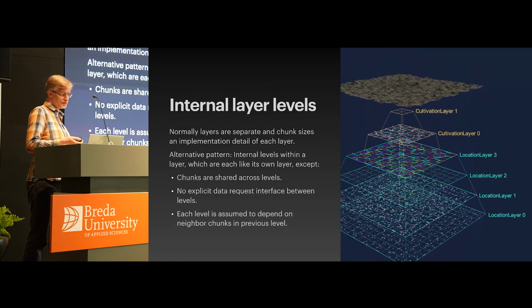Each of those levels is essentially like an independent layer, except the chunks are shared across the levels. There's no explicit data request interface between the levels, and each level is also assumed to depend on the neighbor chunks in the previous level. So this is just a shortcut: if you know that you want to get data from neighbor chunks of similar data, then you can choose to create multiple internal levels of a layer instead of creating separate layers.